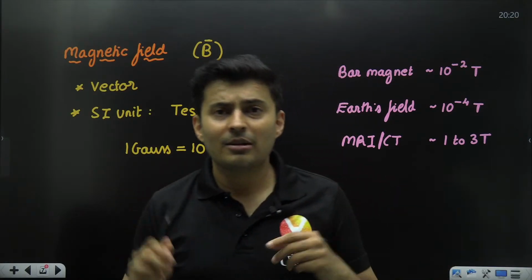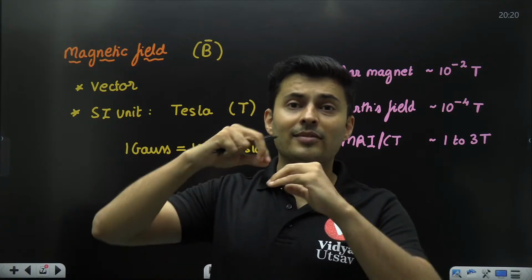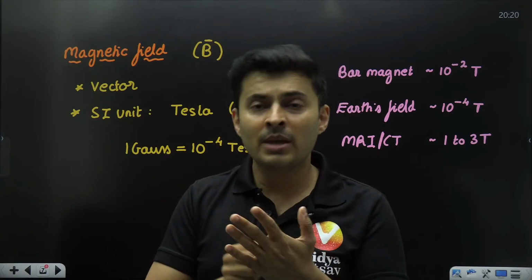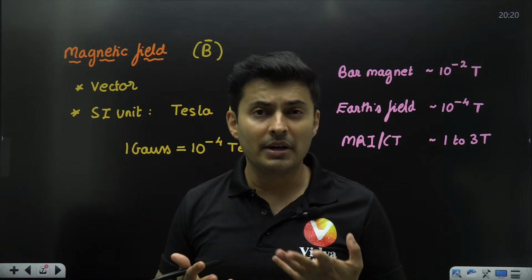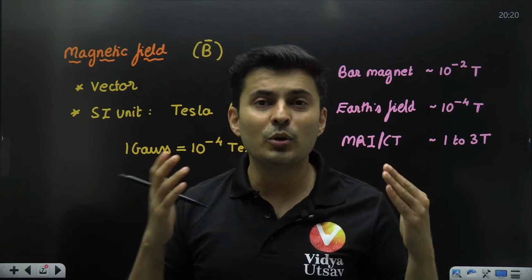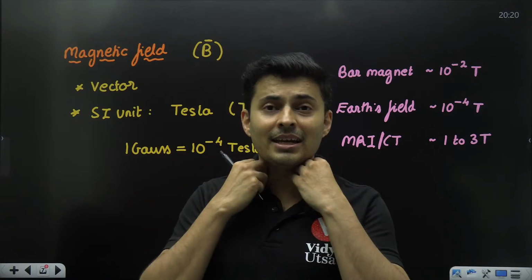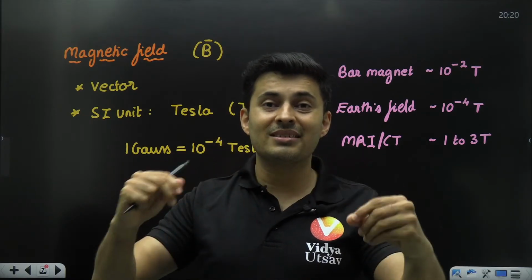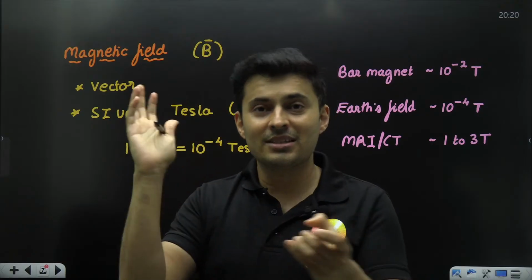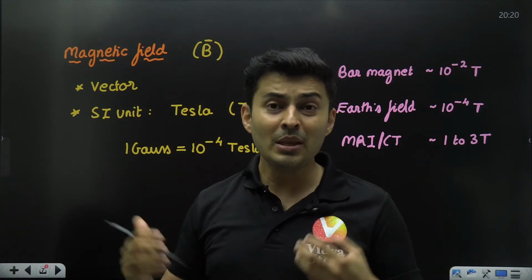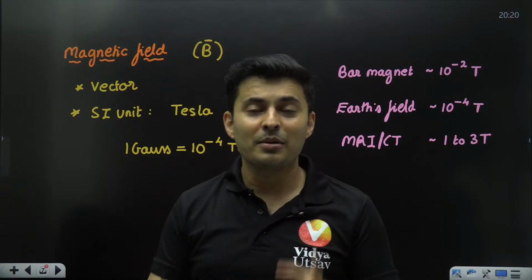Remove your belt, everything which is metallic. In fact, if you have some piercings or a rod inside you made of some magnetic material, they do not allow you anywhere near that MRI machine. Because if you wear a chain, the magnetic field is so strong it will slit your throat. If you wear a bangle or something metallic, it will just cut your hand and come out of it. If you're on a metallic chair, the chair will be pulled inside the MRI machine.